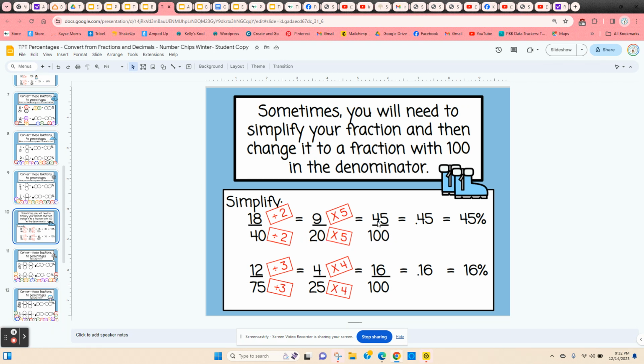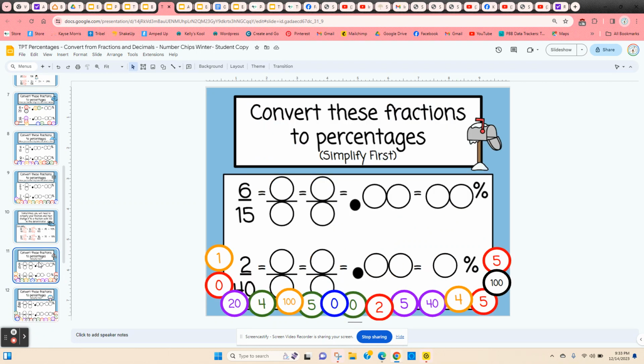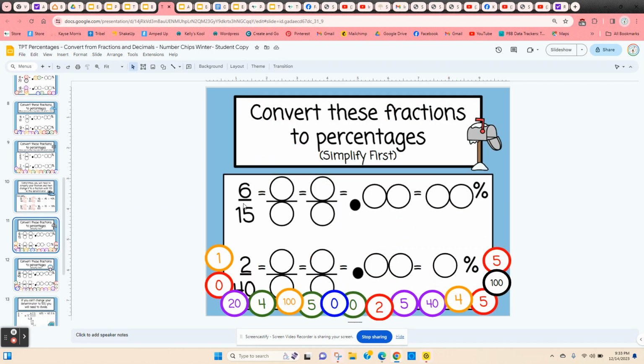Now I can multiply and get 100 in the denominator and then change it to a decimal and a percentage. 12 75ths, if I simplify by dividing numerator and denominator by 3, I get 4 25ths, and that's pretty easy to convert. Go ahead and convert to a fraction with 100 in the denominator. So students are going to be doing that on the next 2 slides.